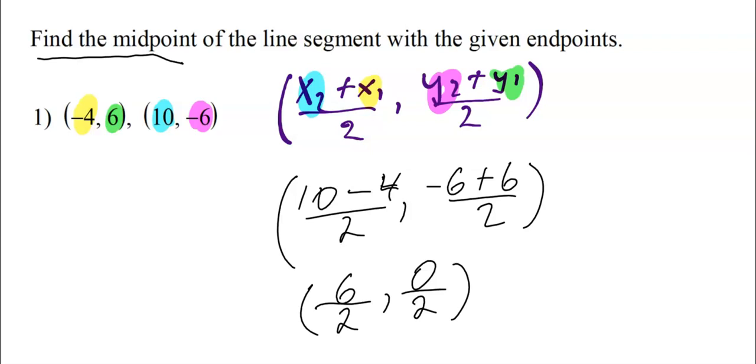Now, there's a comma between these two values because we're going to have an x value and a y value. So the location of our midpoint is 6 divided by 2, 3, comma, 0 divided by 2 is 0. So there is the location of our midpoint, 3, 0. So the point halfway between these 2 points is at 3, 0. Easy.